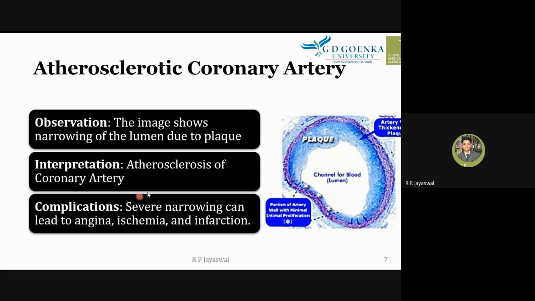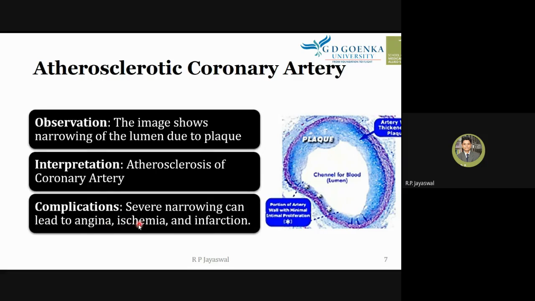And what are the complications now? What complications may the patient get if there is a confirmed case of partial or complete atherosclerosis of the artery? The complications are severe: when there is severe narrowing of this lumen, it leads to angina, which is chest pain.